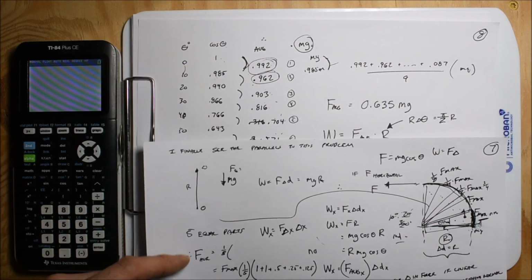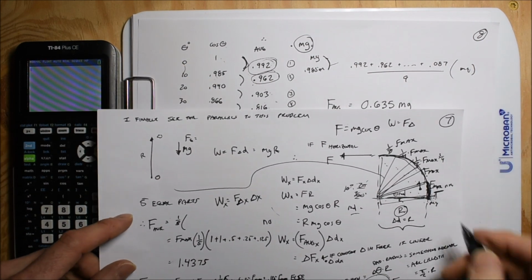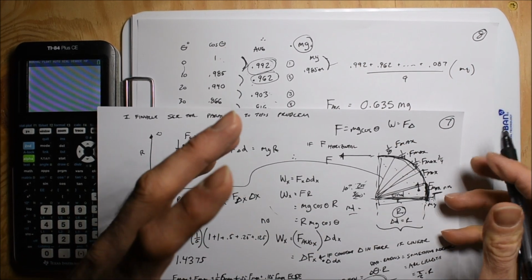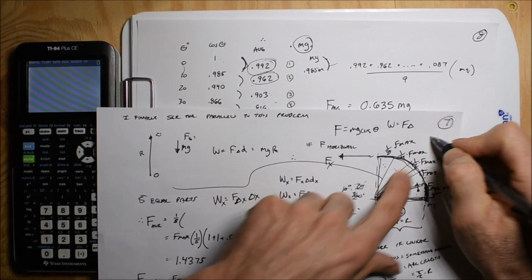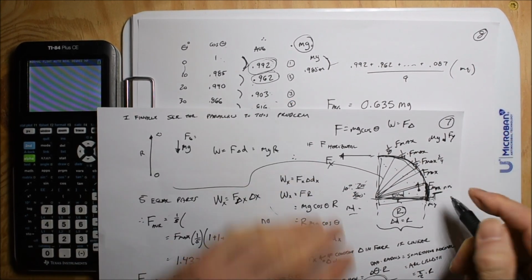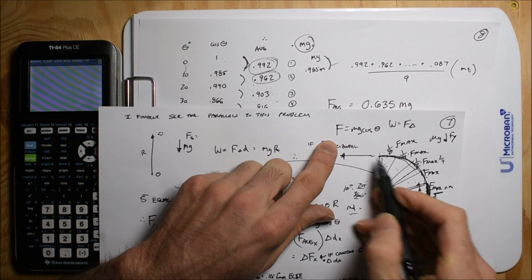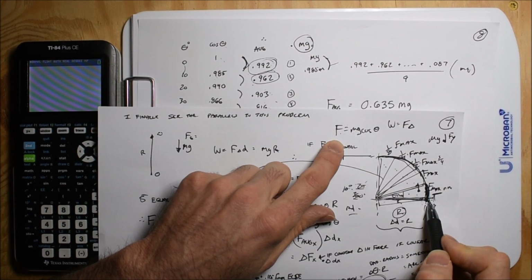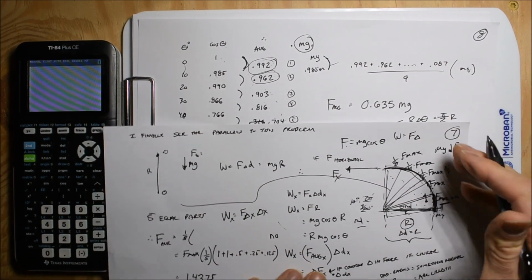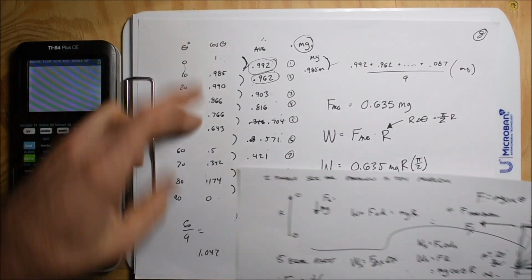So now what? You could do forces in the x and forces in the y, because you have a force in the x, and you have mg, which is a force in the y. But the cool thing about this problem is, let's just find the force at every point here and then integrate. I don't do that, because it's the same thing. This is integration.